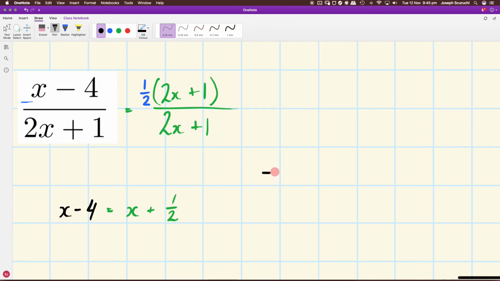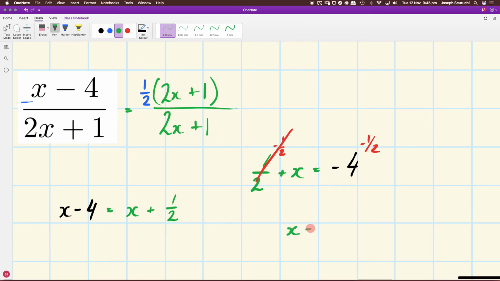I have 1/2, and I'm going to have to plus something to it in order to get to negative 4. What am I going to have to plus or minus to my 1/2 to get negative 4? Well, I do some rearranging. I'm going to minus 1/2 from that side, 1/2 from here.